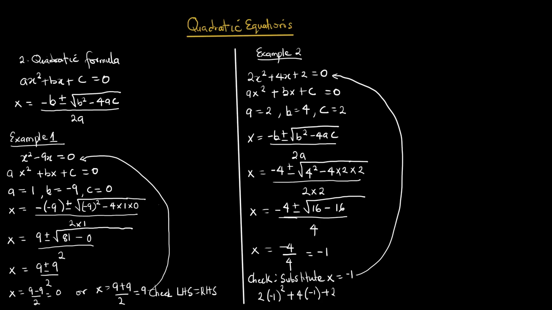Let's see if that is equal to 0. We get 2 minus 4 plus 2, and that gives us minus 2 plus 2, which is equal to 0. Therefore, the left hand side of that equation is equal to the right hand side.